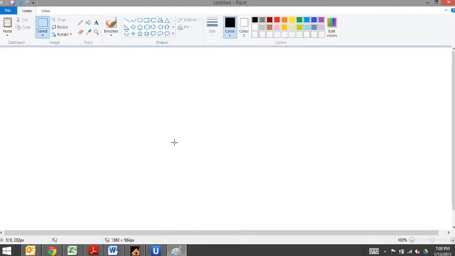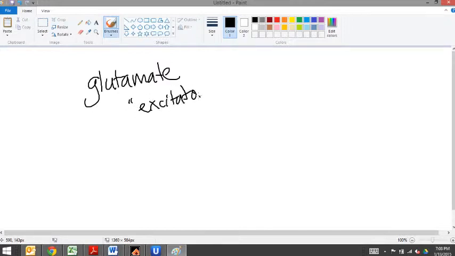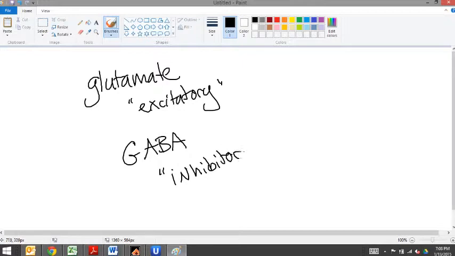So remember, there are excitatory receptors, and those are glutamatergic, and then there are inhibitory receptors, and those are GABAergic. So you have glutamate, which is excitatory, and you have GABA, which is inhibitory.